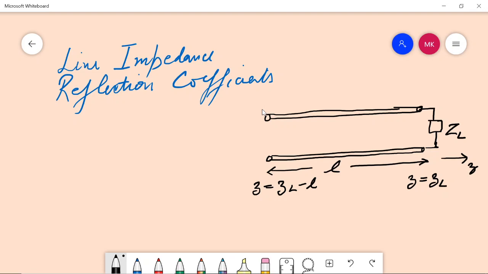So we assume that this is a point where Z is 0. That is, ZL is 0. So the load is connected to the transmission line, which we have aligned in such a way that this point is at the origin, that is Z equals 0. Then this will be Z equals minus L. This is the general case, and this is the specific case.